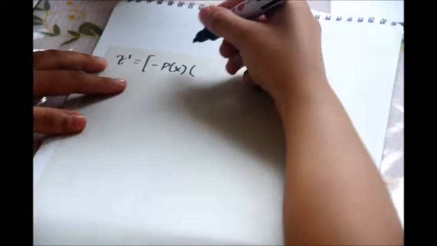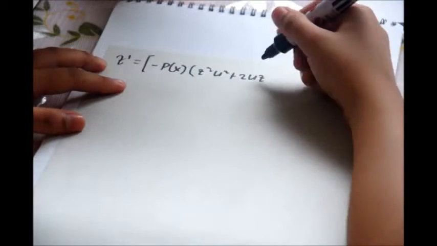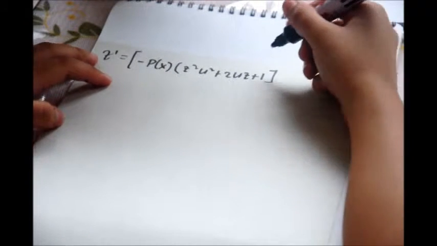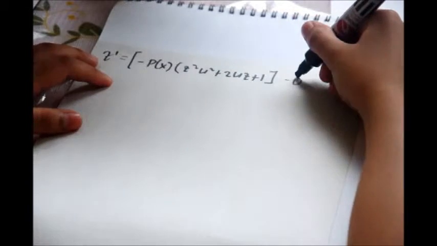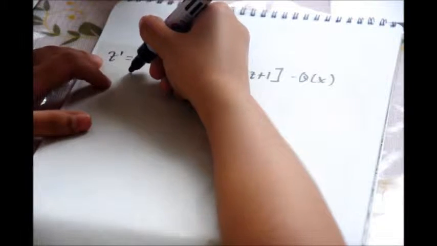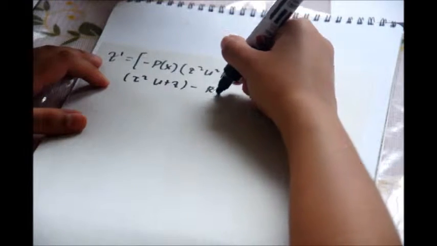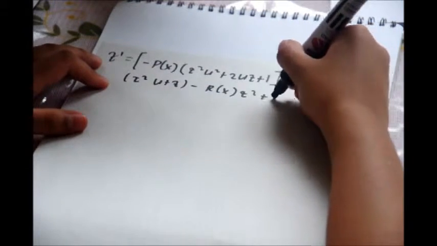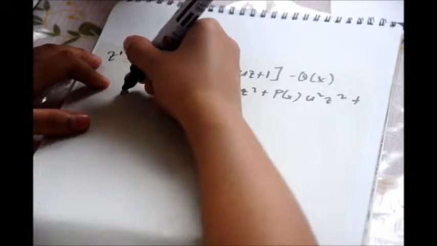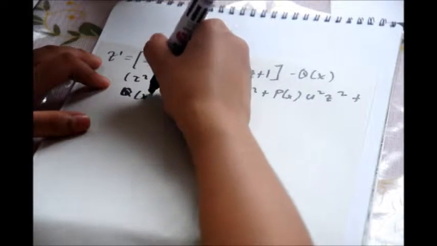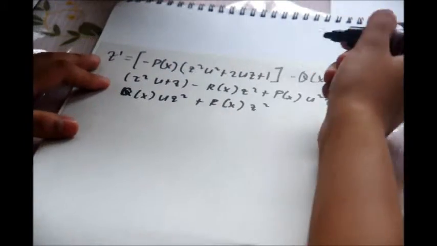z prime is equal to negative p(x) times (z squared u squared plus 2uz plus 1) minus q(x) times (z squared u plus z) minus r(x) z squared plus p(x) u squared z squared plus q(x) u z squared plus r(x) z squared.